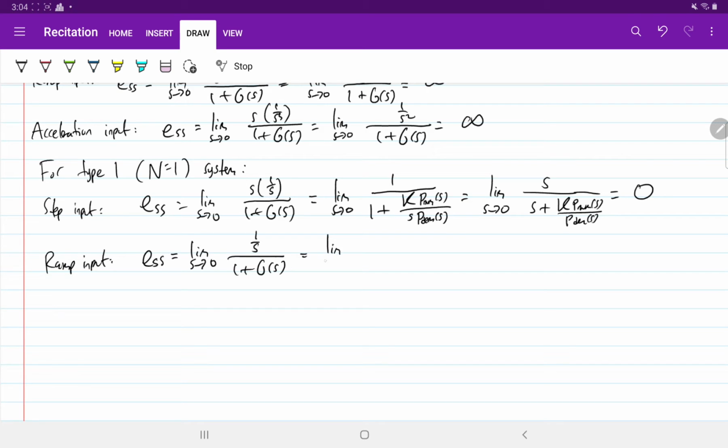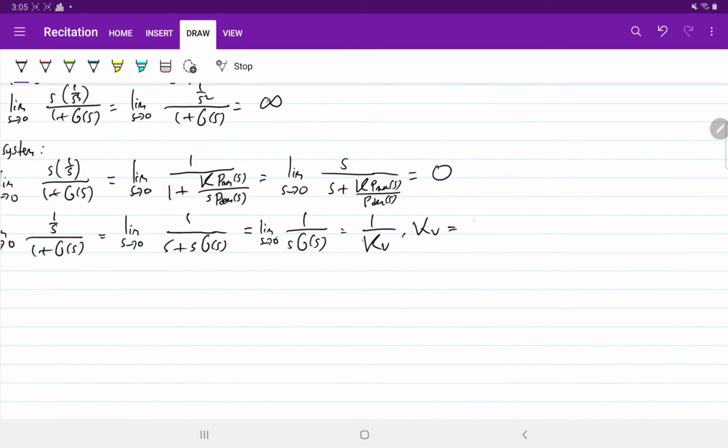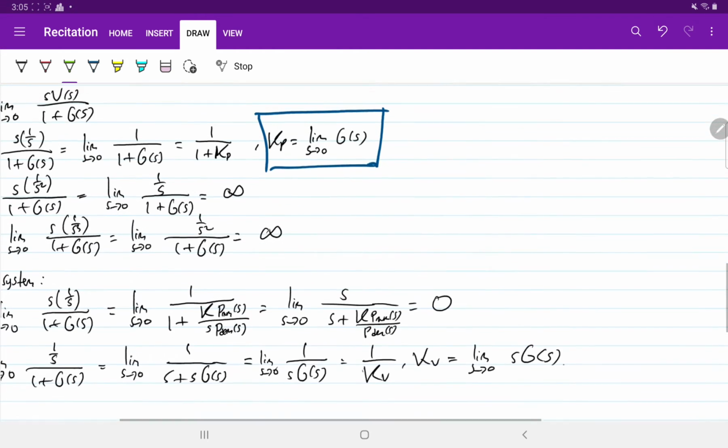So this is nothing but limit s to 0 1 over s plus s g of s, and since s is 0, this is just limit s to 0 1 over s g of s. And if I define this as Kv, then Kv is limit s to 0 s times g of s.